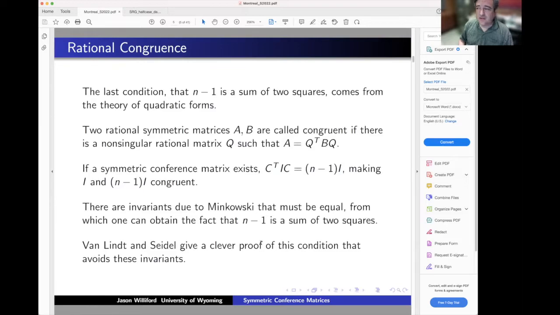Minkowski solved the question of congruent rational quadratic forms, and van Lint and Seidel gave in a paper a clever proof of this, without using the kinds of invariants that Minkowski used. It's nice, though, to know there's this general theory in the background: if two matrices are congruent, there are matrices on either side, and really a conference matrix is saying the identity is congruent to a multiple of itself as a quadratic form. And there are invariants that tell you whether that's possible with a rational matrix.